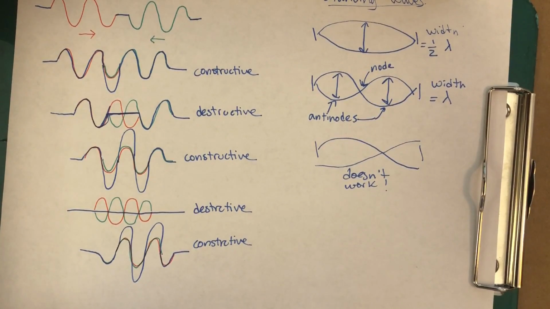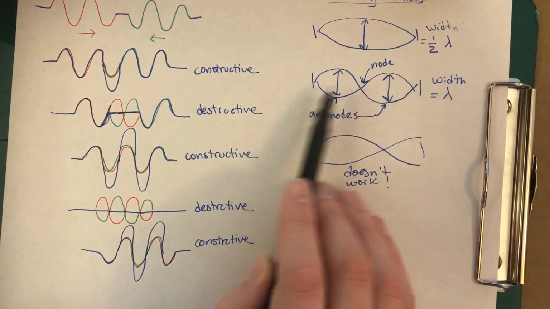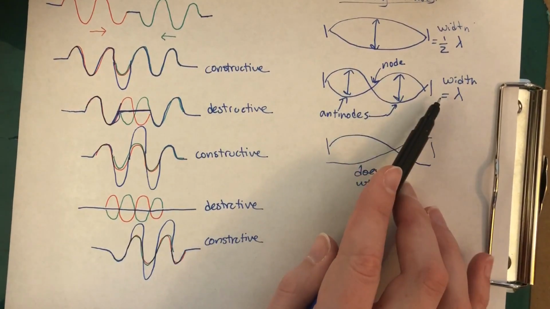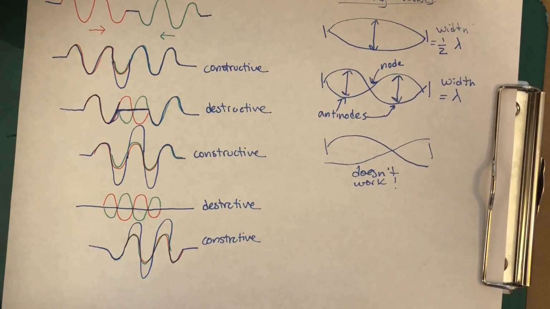But if you shake it with the correct frequency, then that frequency will determine a wavelength, and if that wavelength fits into the length of the Slinky correctly, then it won't take very much movement to get a really big wave going on the Slinky. And we call that concept resonance.